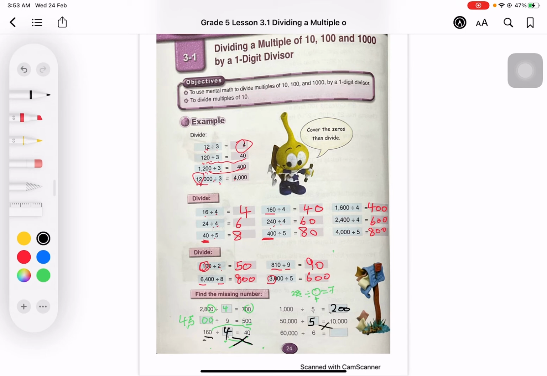The 5 here, 5 multiplied by 10, the answer is what? 50. And then how many zeros will you have? 3 zeros. So the divisor is what? 5. Okay? 5 by 10, 50,000. Now what number do you multiply by 6 to get 60? What? It is what?